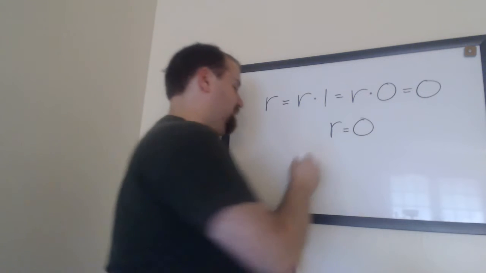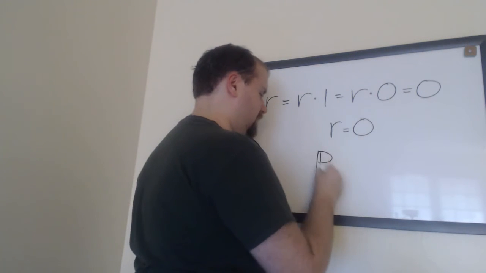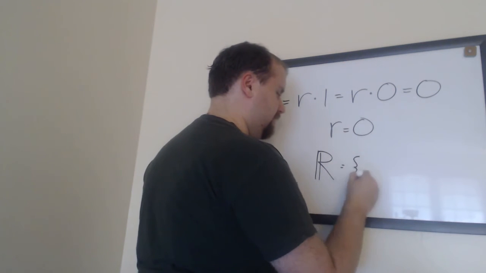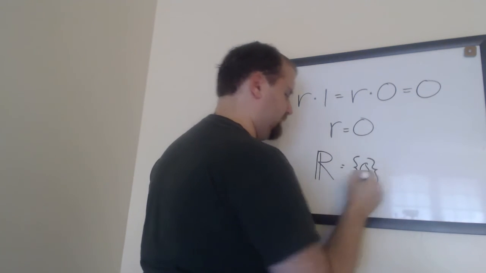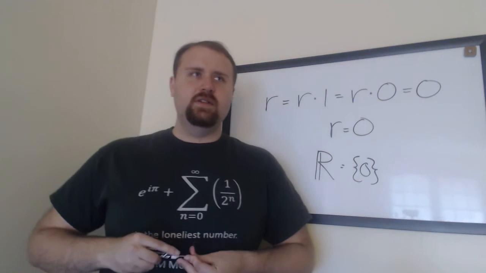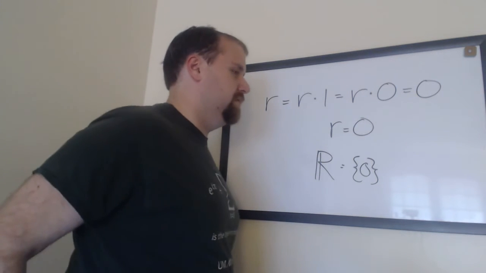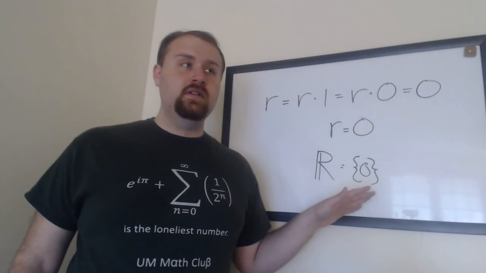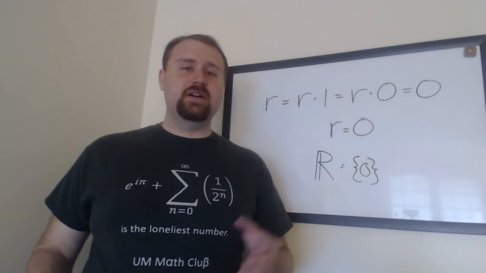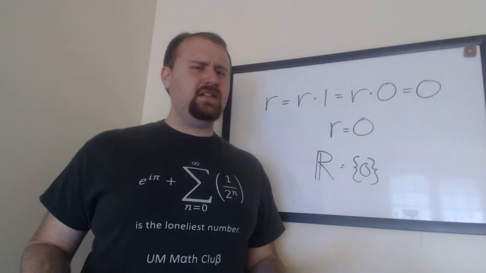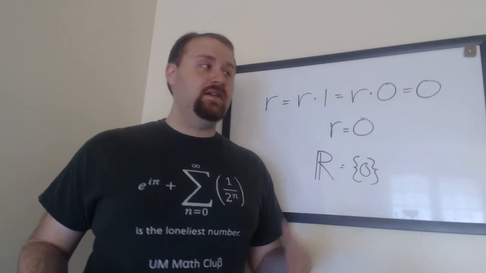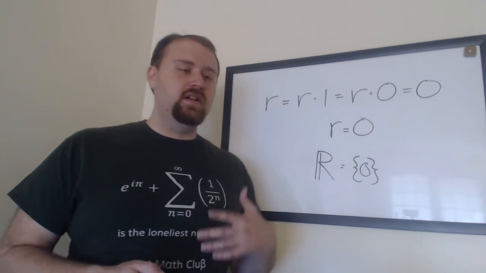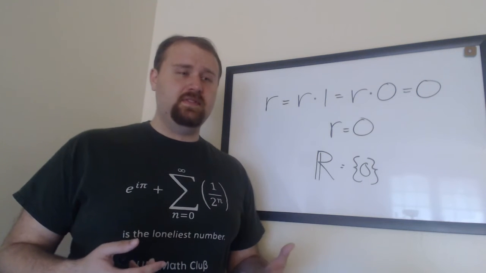My entire real number system, the set of all real numbers, is just 0. There's no 1, there's no 2, there's no pi. They don't exist. Everything is just 0. Now here's the really interesting part. This isn't necessarily a problem. There's all kinds of different number systems.